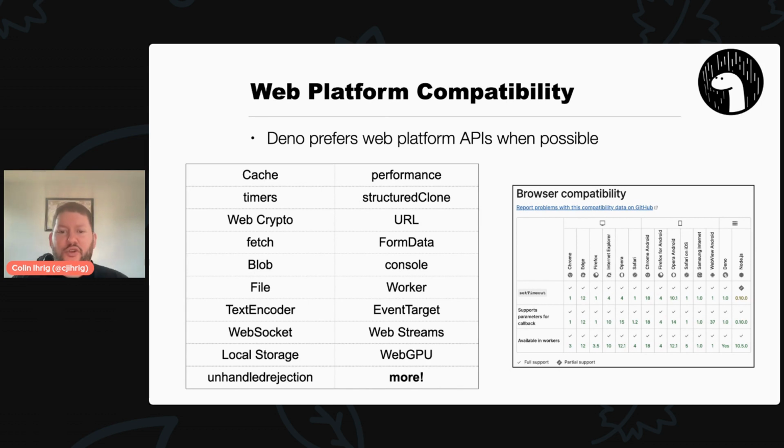But you'll see they don't have the green check mark, and that's because Node's implementation is not standards compliant. So it returns a timeout object, which is a custom Node.js thing, instead of a timeout ID, which is what the spec calls for. So just some examples of Deno's dedication to web platform compatibility.